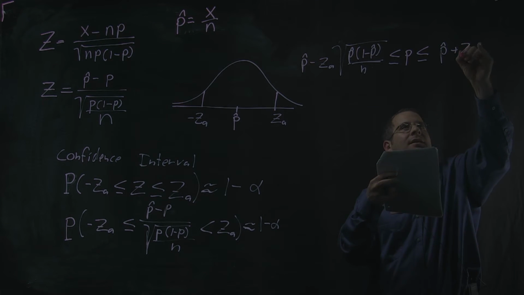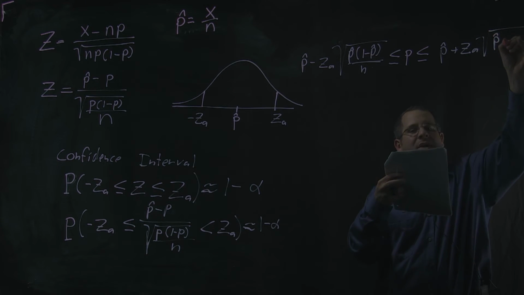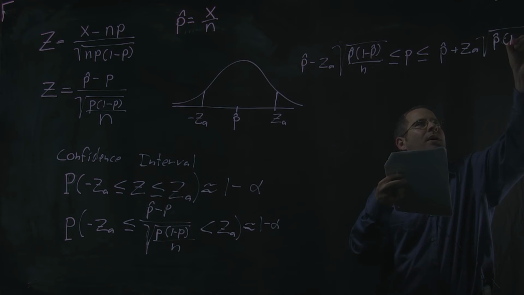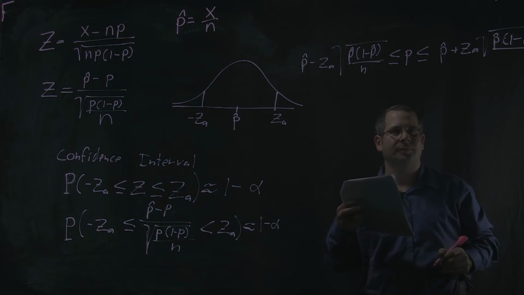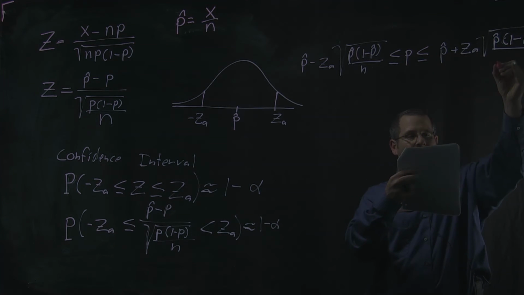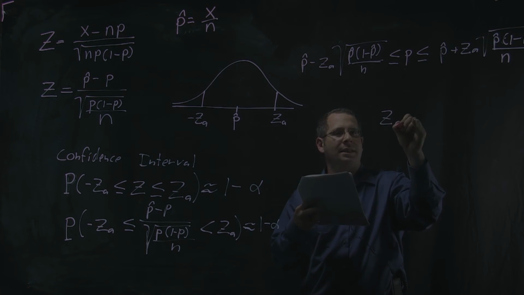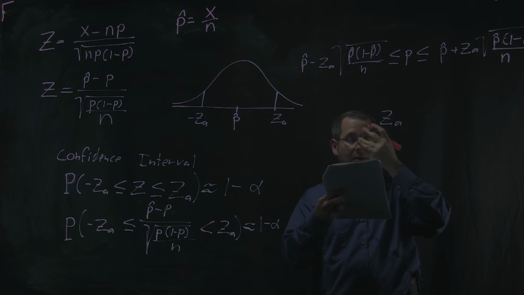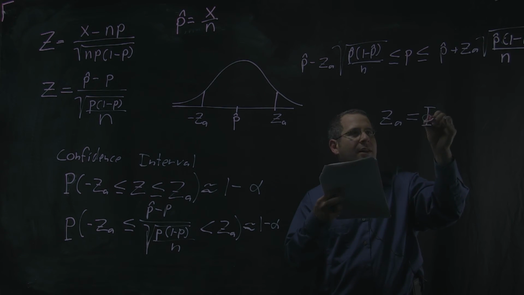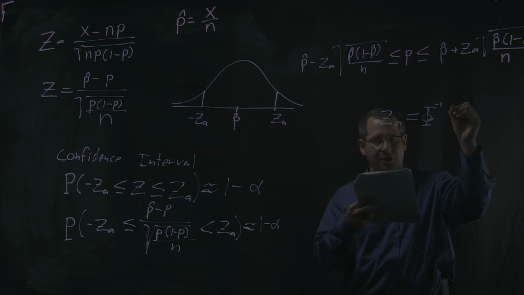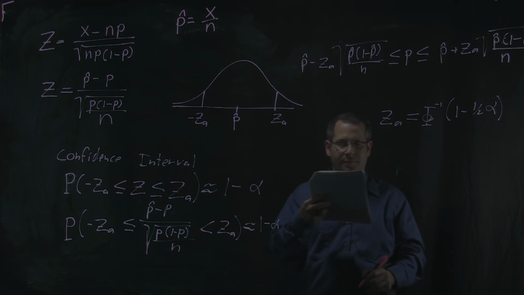and p hat plus ZA times the square root of p hat 1 minus p hat over n, where this ZA for a two-sided test is equal to the inverse function of our normal distribution at 1 minus 1/2 alpha.